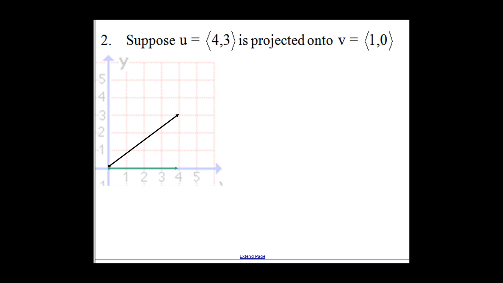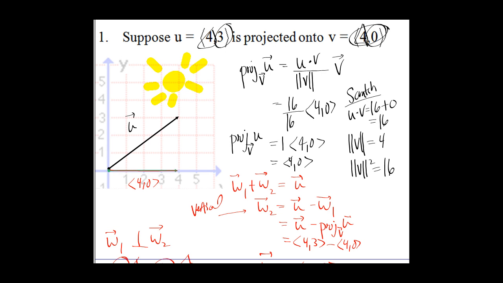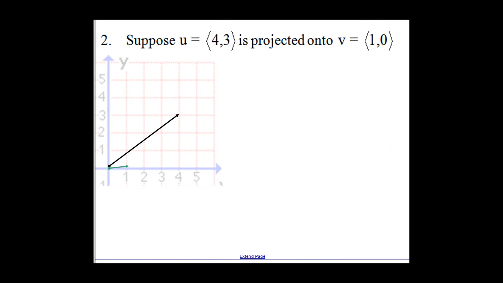All right, slightly different scenario. Suppose vector u, still 4, 3, is projected onto 1, 0. So our vector u is the same, but we're projecting it onto a smaller piece of ground. In our previous case, we were dropping a perpendicular onto a vector that was the perfect size for it. Now in this case, we're projecting vector u onto a vector that's clearly too small.